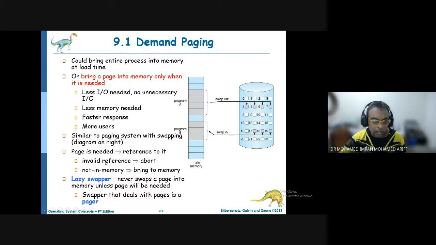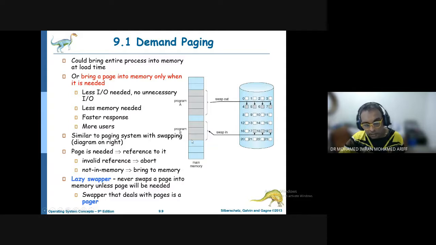Okay, so we are going to look at the invalid reference, the I and the V. Invalid but valid as well. All right, so we could bring the entire process into the memory at load time. That means the program could bring everything inside here, or bring a page into memory only when it's needed.